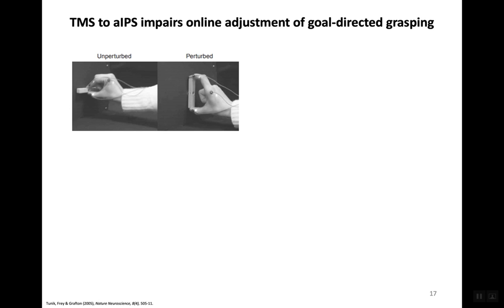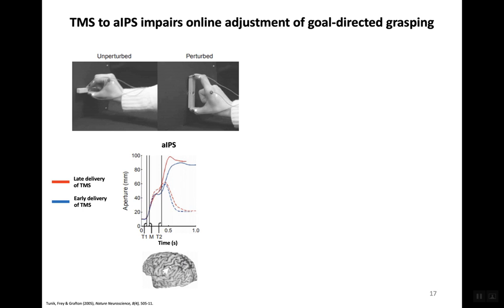We can correct the parameters of movement, whether by the arm or by the hand, in real time without much difficulty. However, what happens if you apply a disruptive TMS signal to the AIPS? And that is exactly what the authors of this study were interested to find.